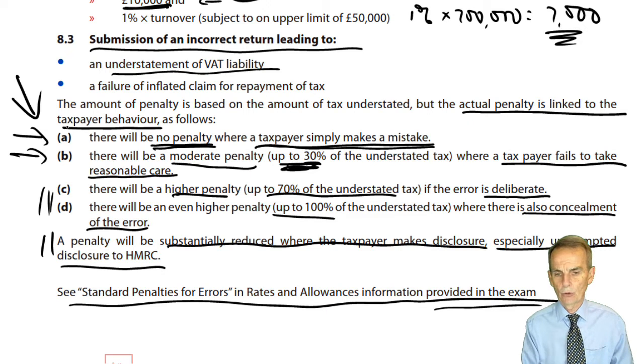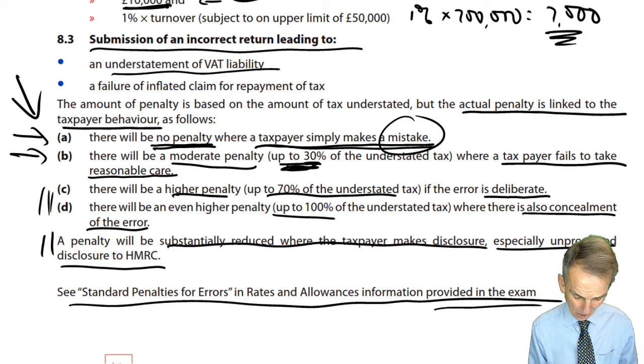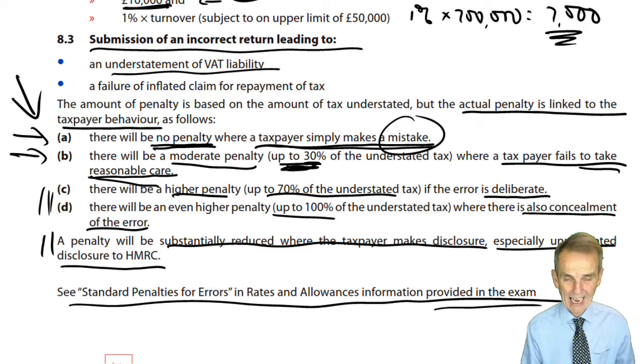Now, given that, of course, we'll be looking at objective testing questions where a specific outcome is likely to be required of you, and you have to pick which of the four offered to you is the one to pursue, then the information is likely to be very much more specific as regards the nature of the mistake. Is it simply a mistake made? Are we talking about we failed to take reasonable care, and that's how the mistake arose? You know, we've got the numbers wrong.